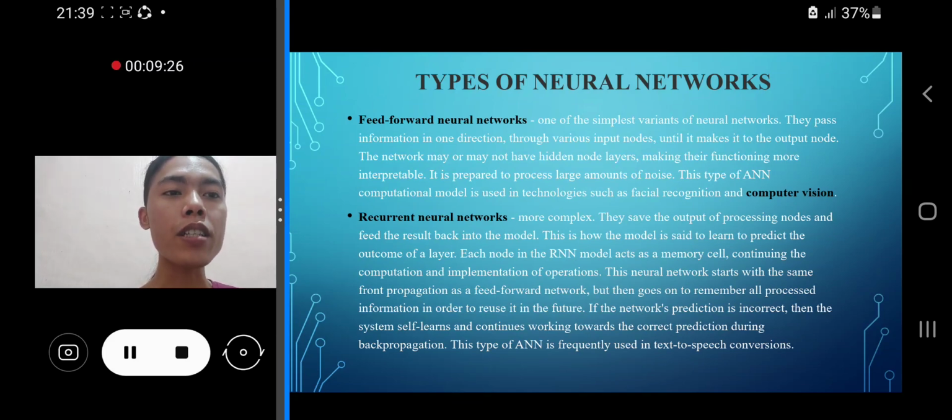The neural network starts with the same forward propagation as a feed-forward network, but then goes on to remember all the processed information in order to reuse it in the future. If the network's prediction is incorrect, then the system self-learns and continues working towards the correct prediction during backpropagation. This type of ANN is frequently used in text-to-speech conversions.